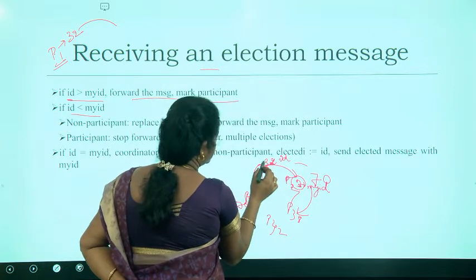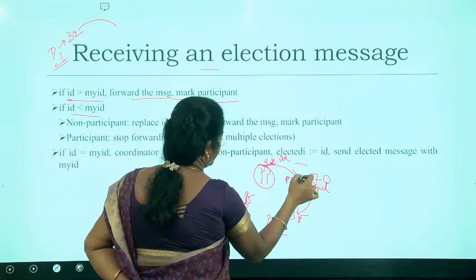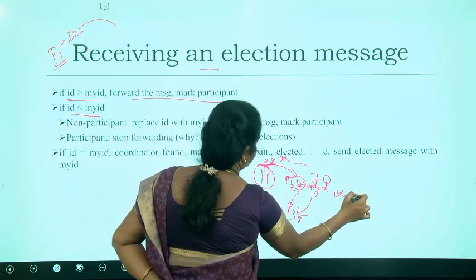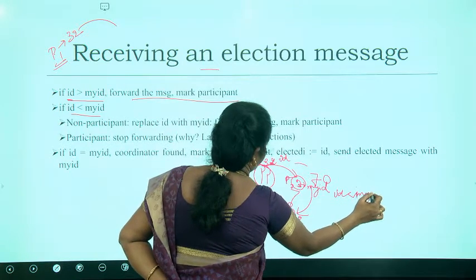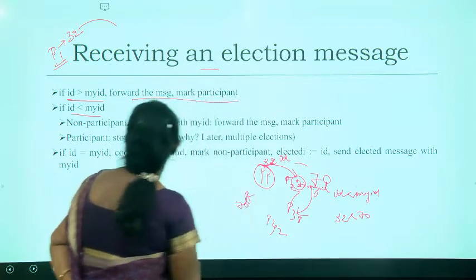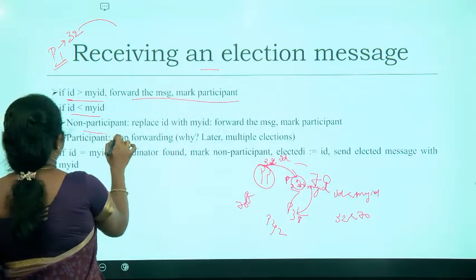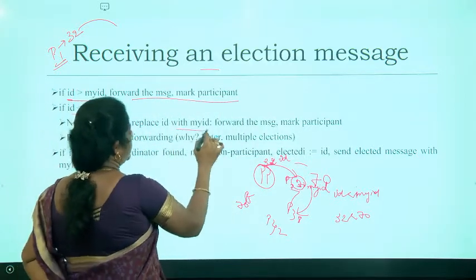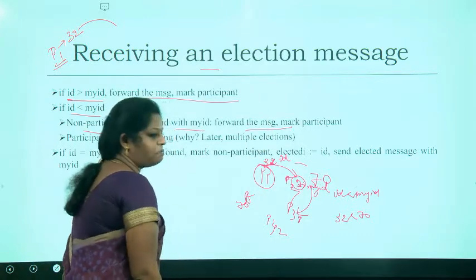The next case is if it is less than, for example, this is 70. That means ID is less than my ID, so 32 is less than 70. What will happen? A non-participant replaces ID with my ID and forwards the message as a marked participant.